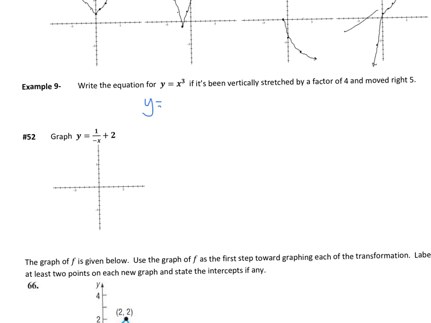Outside the parentheses in front, right? It's not a plus or minus, it's a stretch. So a 4 goes out here. Now if we move it right 5, where does that 5 go? Inside parentheses, and it is a -5. There you go. Vertically stretched by a factor of 4 and moved to the right 5. That's what that looks like.